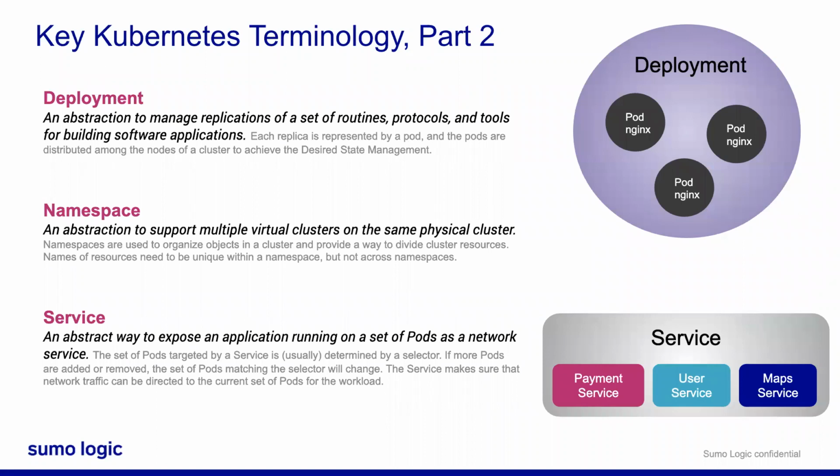So now some things that are a little bit more specific to Kubernetes, but also really important to our solution in Sumo Logic. Deployment. So deployment is a specification for how you are going to deploy a set of pods, services to a cluster.